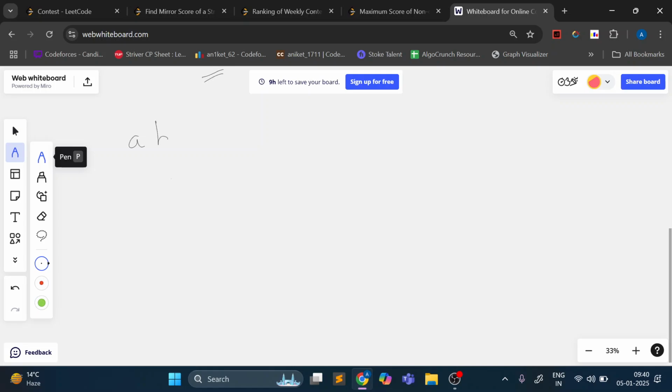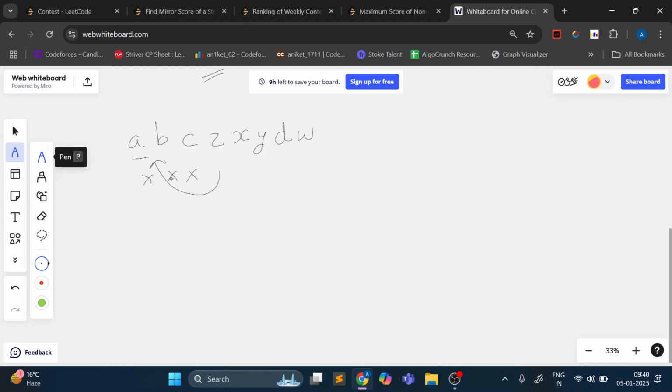Let's just take an example. First of all, for A, is there any previous character? No. For B also no, because C is not there. For Z, there is this A, which is its mirror and which is previous to that index, and it is unmarked.